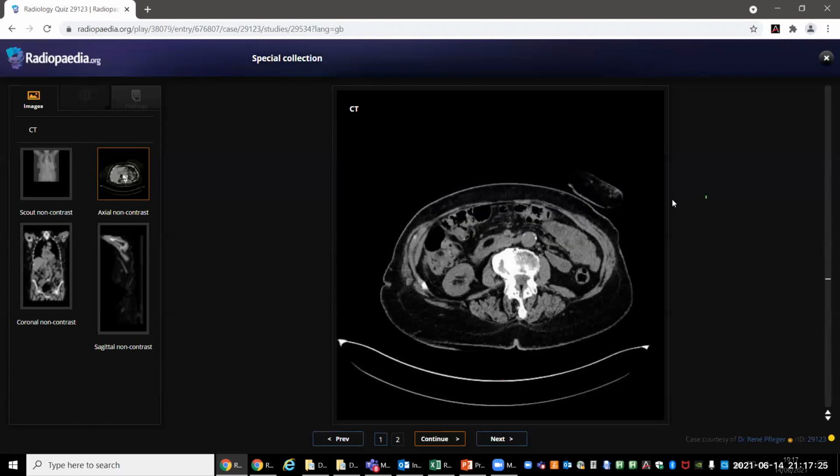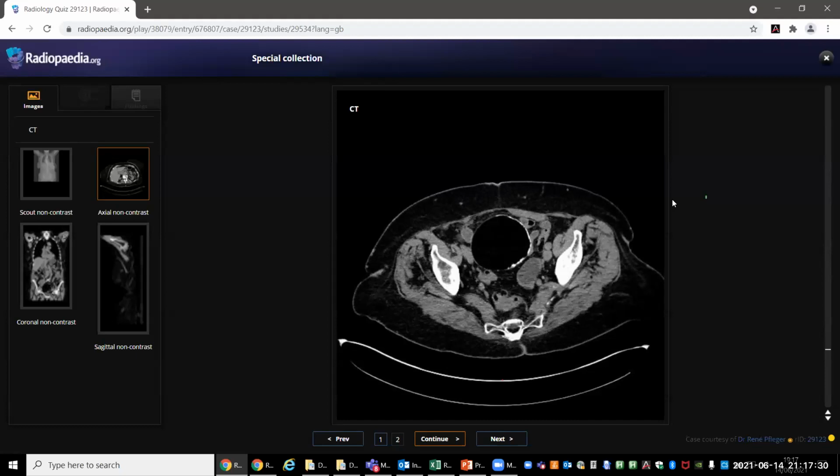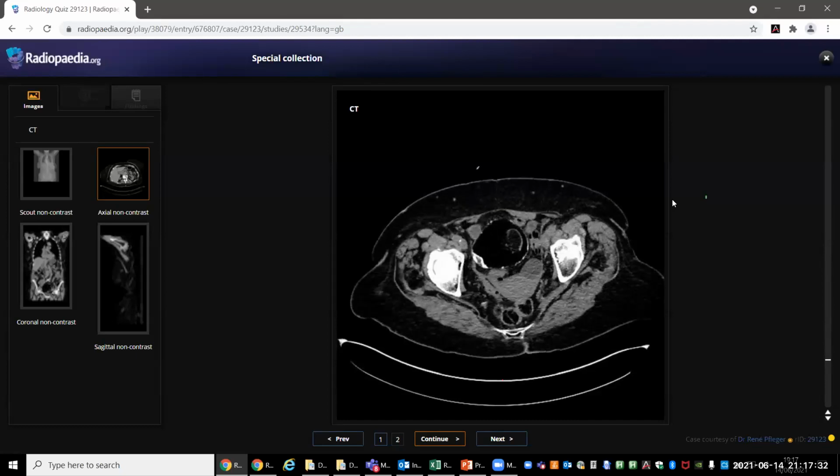I want to stay in the pelvis, ma'am. There is a calcification in the periphery of the lesion and the central hypodensity has the same attenuation as the subcutaneous fat. So to me, the lesion appears to be a dermoid because it has both components of fat and calcification. Most likely this is a dermoid cyst from the right ovary, ma'am.